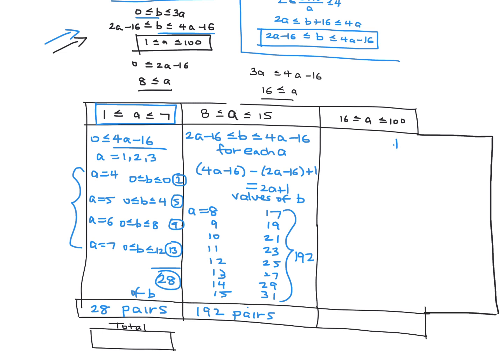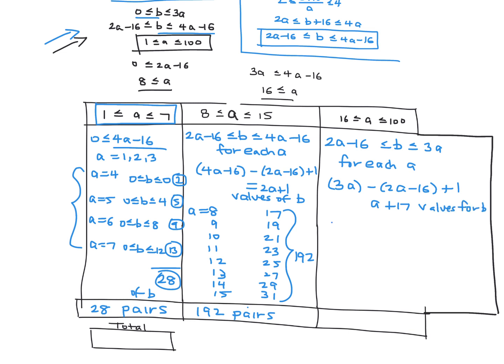I'll use this one here: B less than 3A, less than 2A minus 16. And for each A, we would have 3A minus 2A minus 16 plus 1 values for B. And that's A plus 17 values for B.